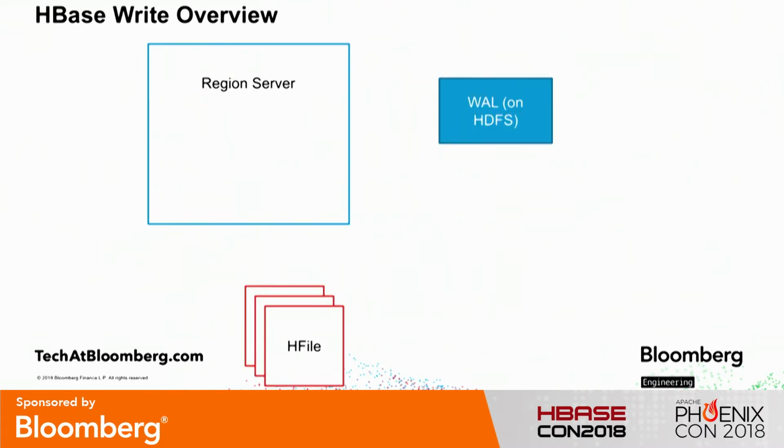So on the right side, we have the same interaction in the beginning where we're talking to Zookeeper and the region server serving meta, et cetera. And then once it hits the original region server that is serving the region that the key is being written to, the first thing the region server is going to do is append to the write-ahead log. So this is standard database journaling.